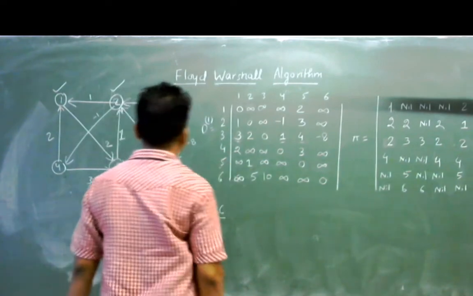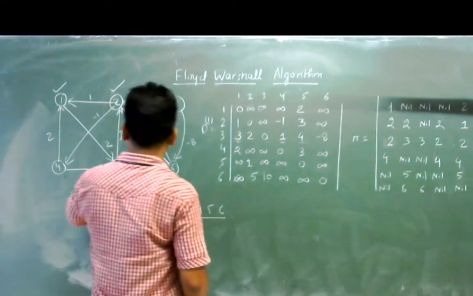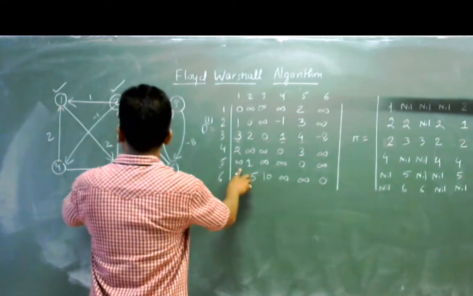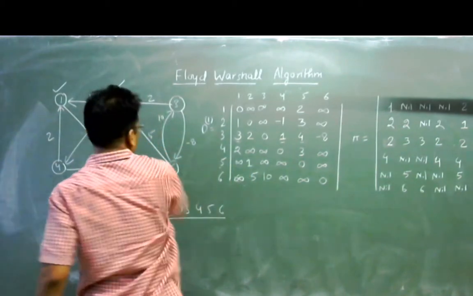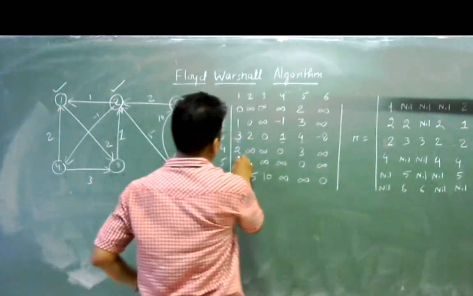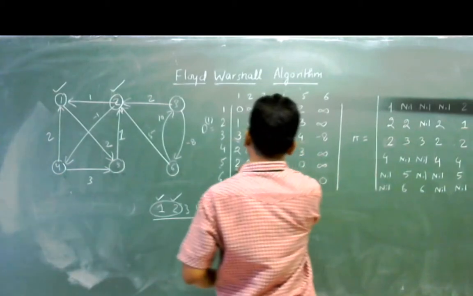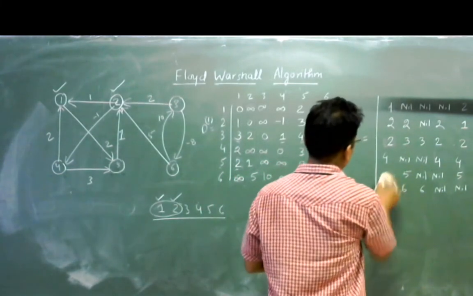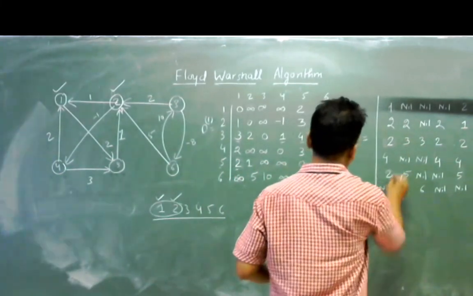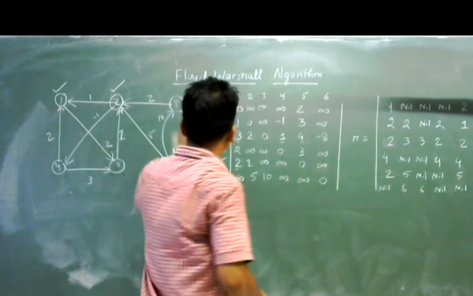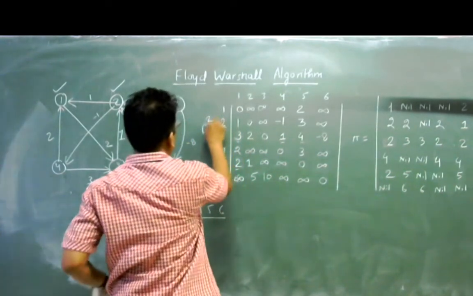Node number 5, if one was not accessible, but now there is a path, it will become 2, and I shall update this position by 2. And now we are doing a D2 iteration, right?